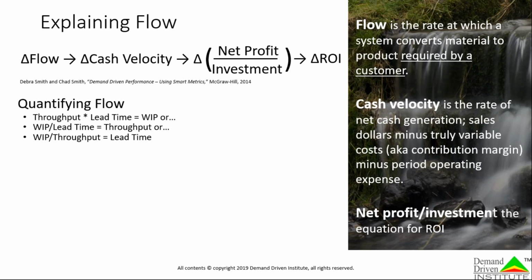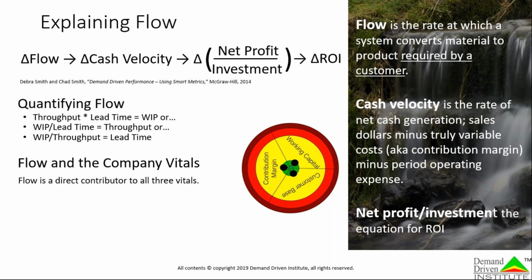Now, I think some of you might have heard the name Little's Law, but what you have to understand is that these equations make one critical assumption: that material or units are entering the system at the same rate they're leaving the system.